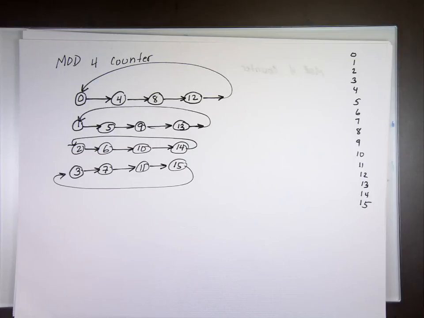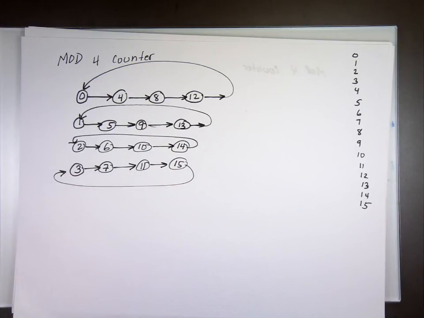So it depends where we find ourselves. If you're counting by 4, it depends where we are. So when we do our state diagram, we're going to set up 16 states, 0 through 15. So how many flip-flops are we going to have?